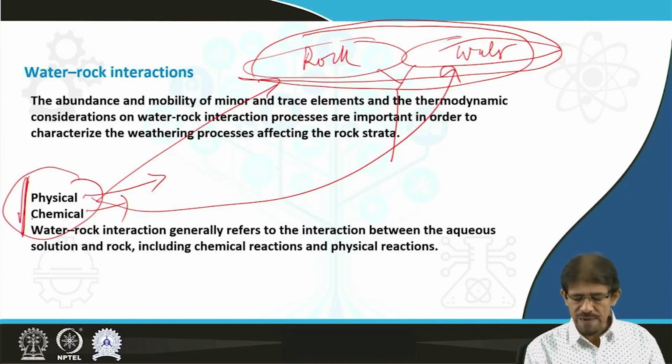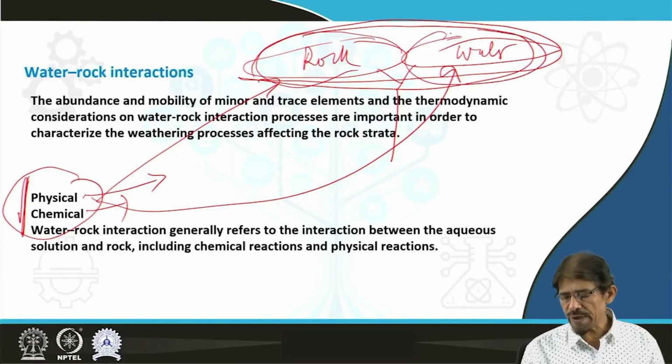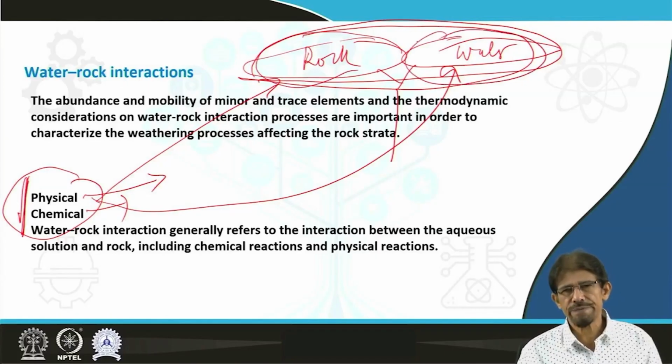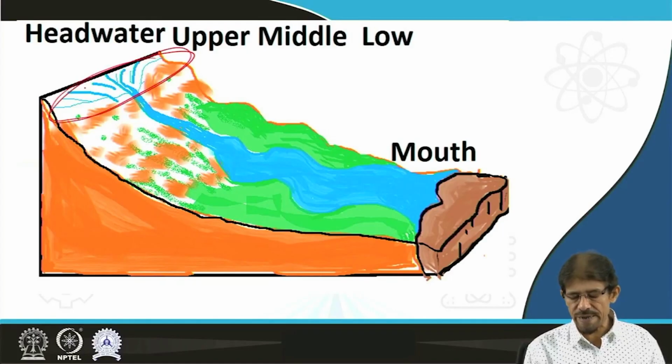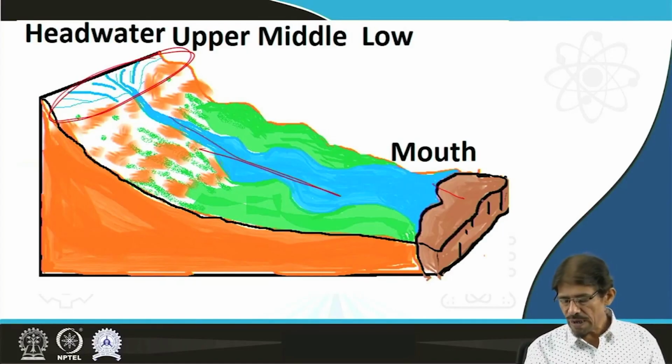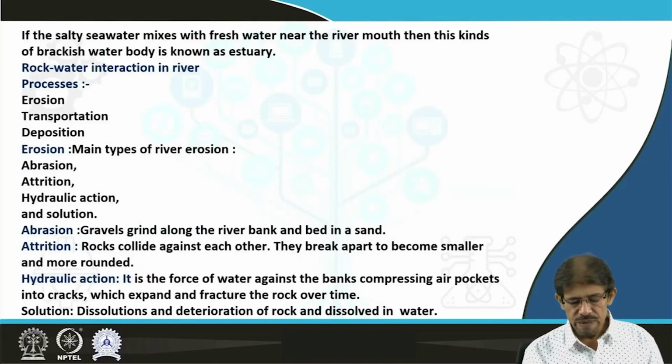So it is an interaction on both sides, meaning there are changes on both sides, not one side. Here you can see the view. This region is the headwater region, this is the root region, and this is the mouth region. Here we get some oceanic body and others. So we have already discussed this.